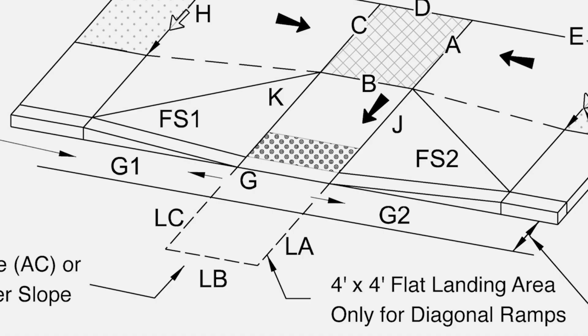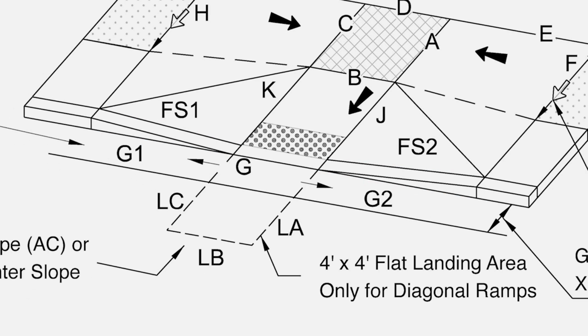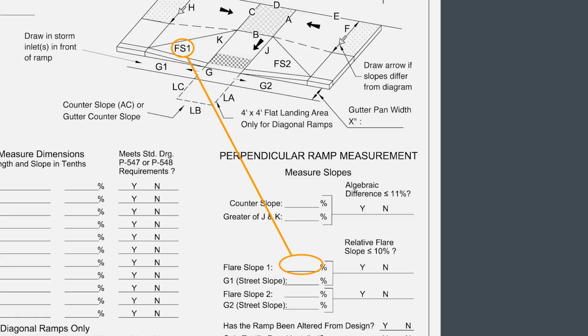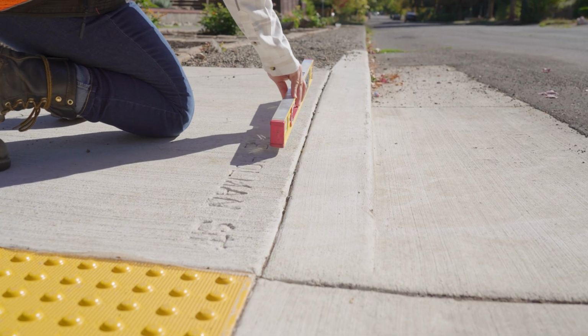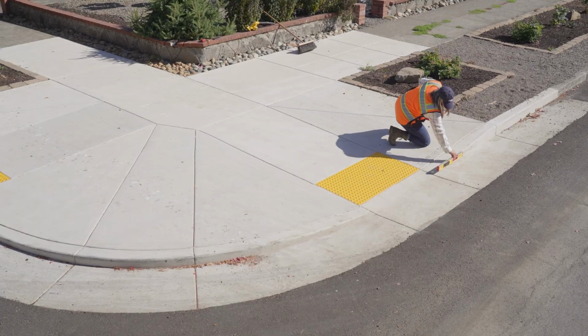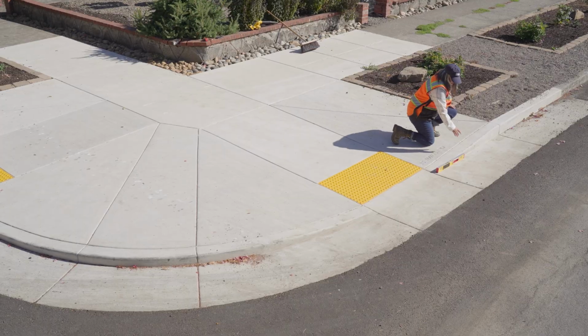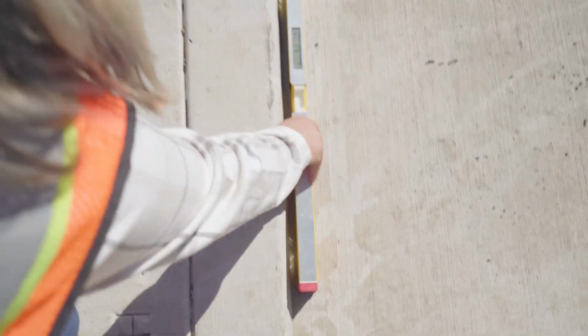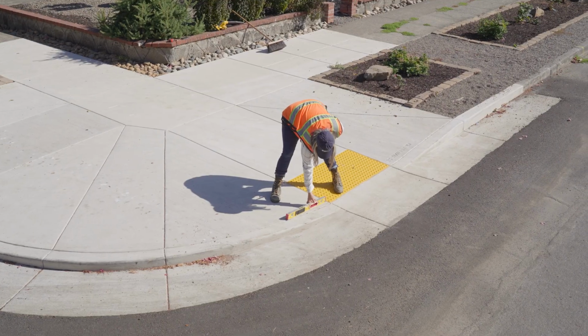You'll take your measurements just inside the joint lines and right at the face of the curb, and enter the highest numbers for each here. Once you're done with the first flare, move on to the other.